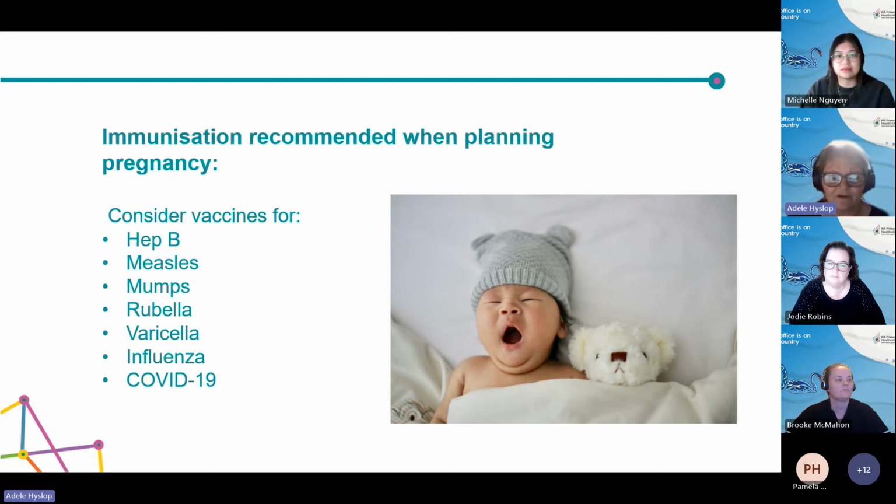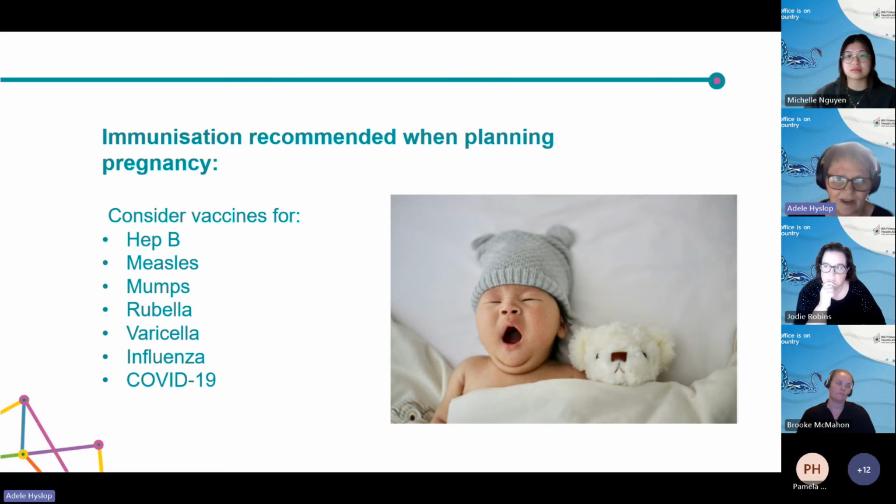Give an influenza vaccine if available, and if not already given this year, and COVID if not given in the last 12 months. Extra vaccines such as pneumococcal or meningococcal vaccines should also be considered for those medically at risk. And just to note, pregnancy should be avoided within 28 days of receiving a live vaccine, for example, MMR or varicella.